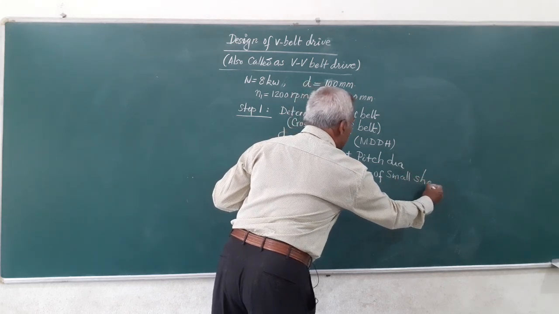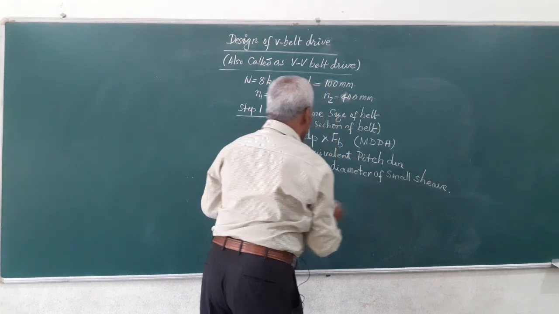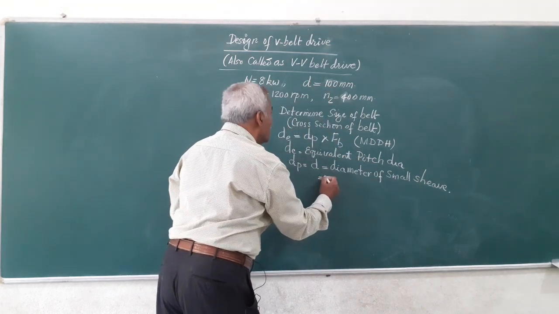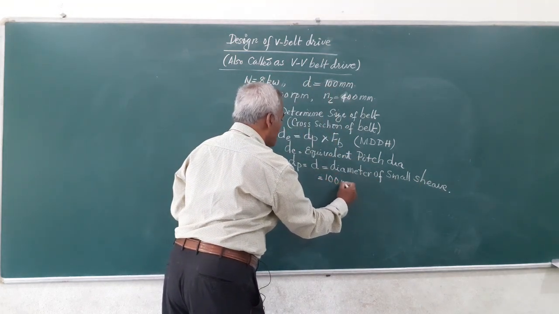A grooved pulley is called a sheave. So this is given to be equal to 100 mm in the data.